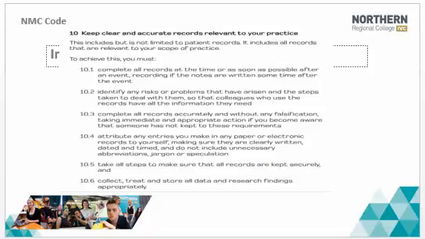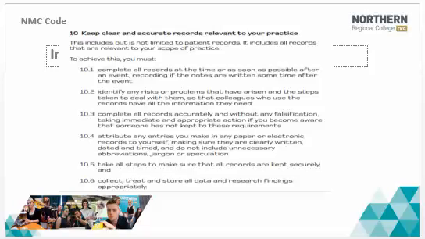Now then, the last thing that we're going to look at now, in terms of the communication processes of the NMC code, is number 10, which states that you must keep clear and accurate records relevant to your practice. This is across the board in health and social care, guys.